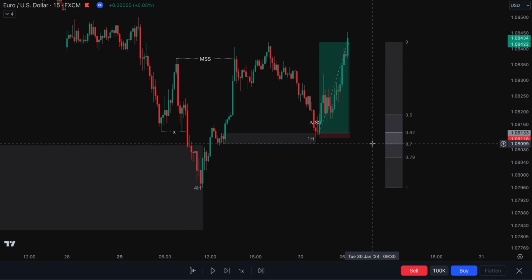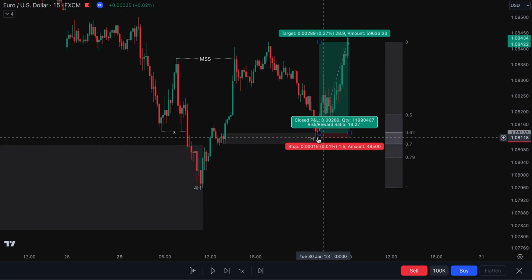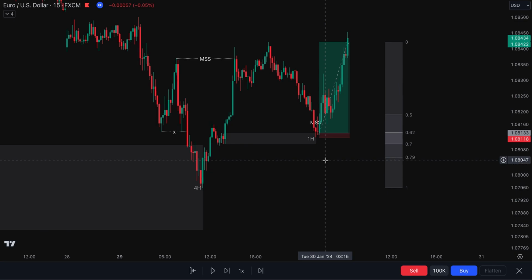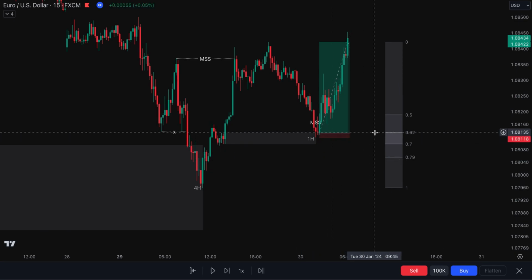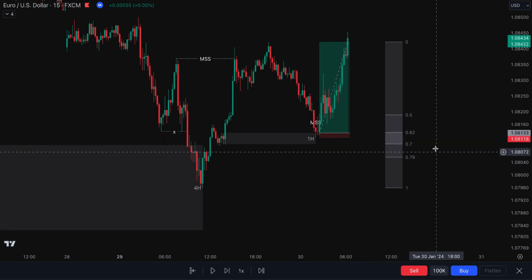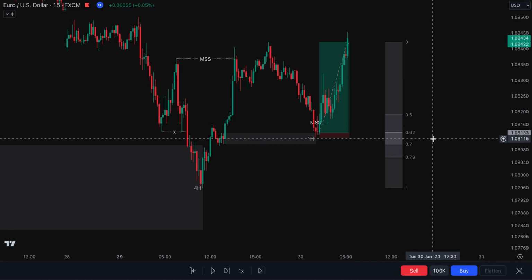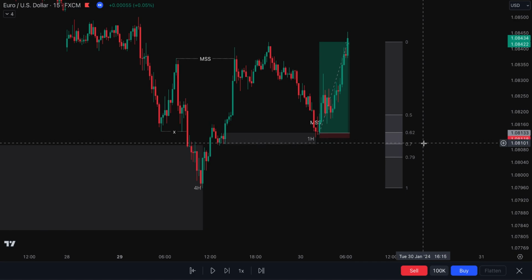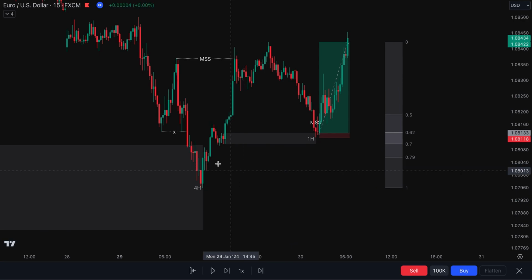And then you can see that the 1-hour order block aligns exactly with the 0.62 Fibonacci level, which is a good sign because that means that it is in the golden zone. We also have one right below here.